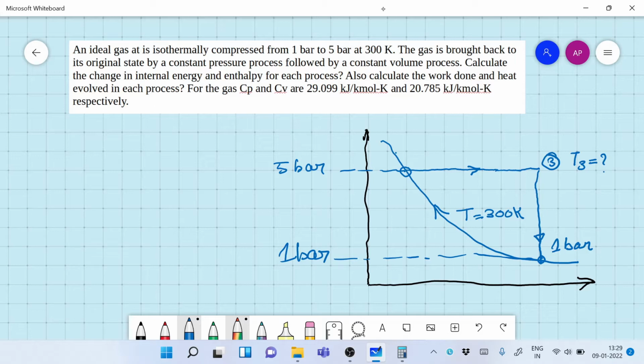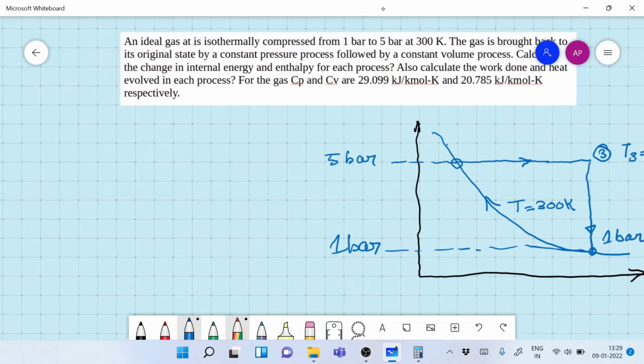To solve this problem, always remember one thing, we should know the temperature and the pressure at each and every point. If we know two variables, that is the temperature and the pressure, or volume and the temperature, or pressure and the volume, that is any two variables at each and every point, we can solve the problem.